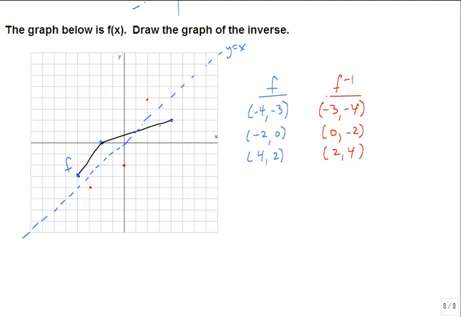And each of these 3 dots was connected by line segments. So I'm just going to connect with my line segments, and there's my graph of f inverse. And you can see with that diagonal line that it does look symmetric across that line. So we obviously did it correctly.